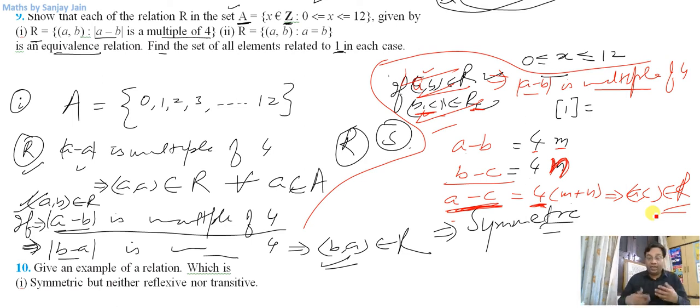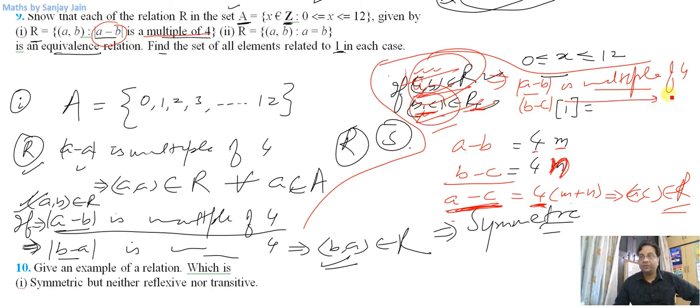I may have over-explained it, but let me do it once more and conclude. When we work on transitivity, we assume two things: (A, B) belongs to R and (B, C) belongs to R. When I assumed (A, B) belongs to R, that meant A minus B mod is a multiple of 4. When I assumed (B, C) belongs to R, that meant B minus C mod is a multiple of 4.